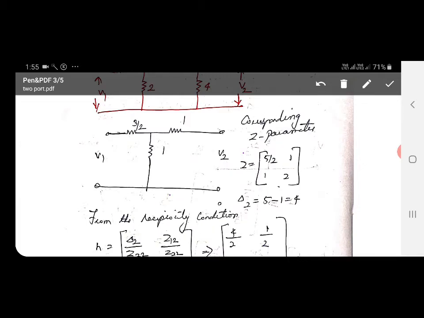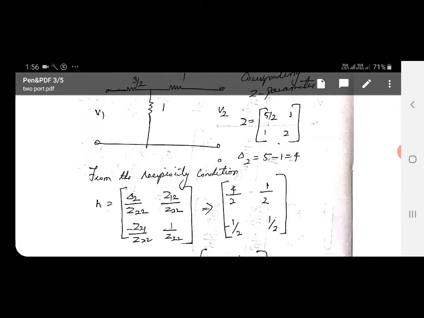Then Z22 is a combination of these two resistor values, so Z22 will be 2. The corresponding Z matrix will be Z is equal to 5 by 2, 1, 1, 2. This is obtained from this T network.